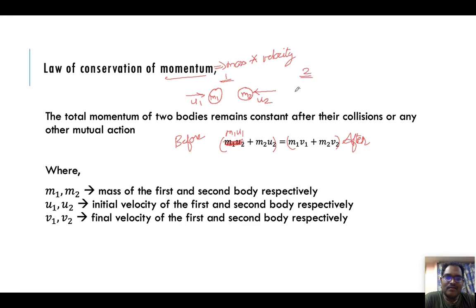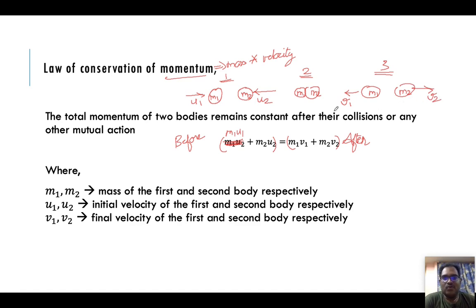Second, both these masses collide with each other. And the third condition, you have mass m1 which is moving away with a velocity v1 and mass m2 which is moving away with the velocity v2.